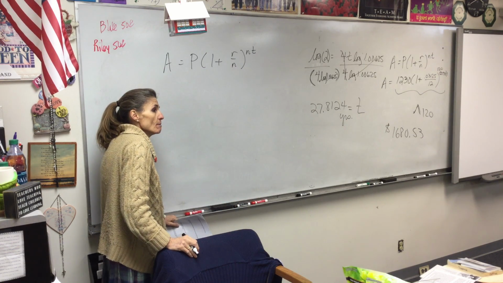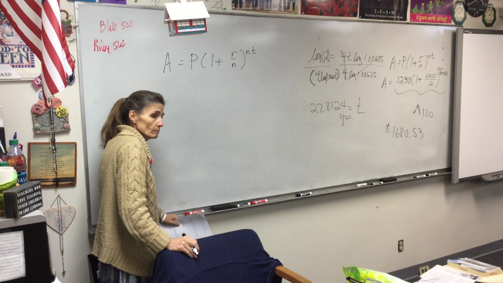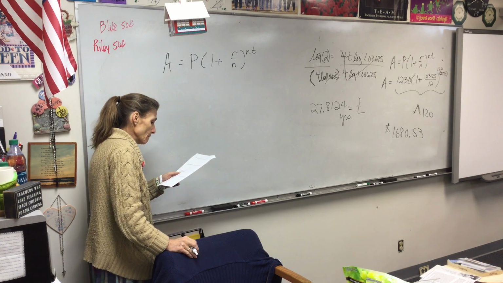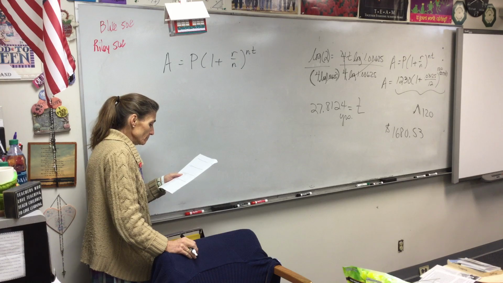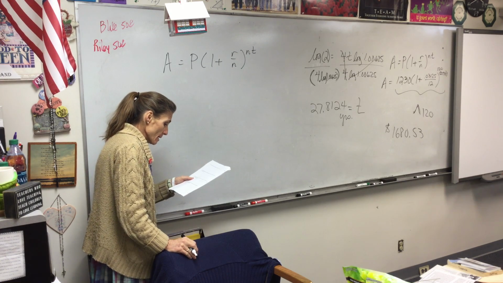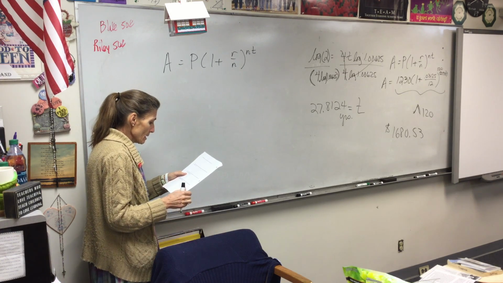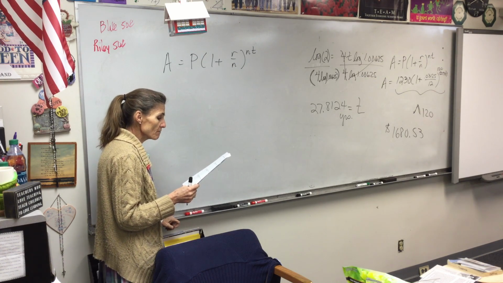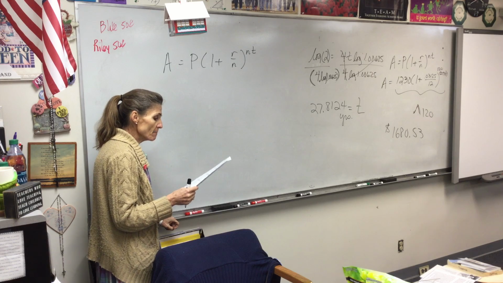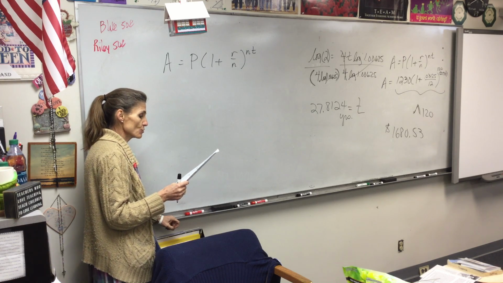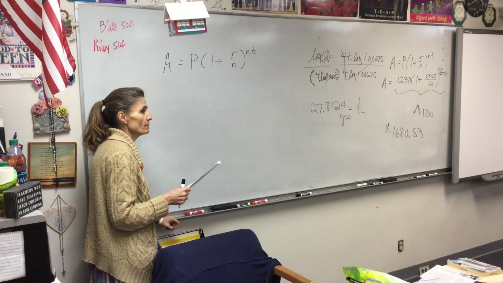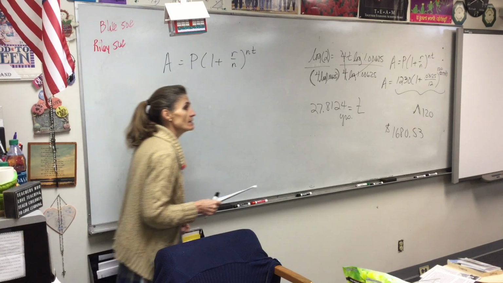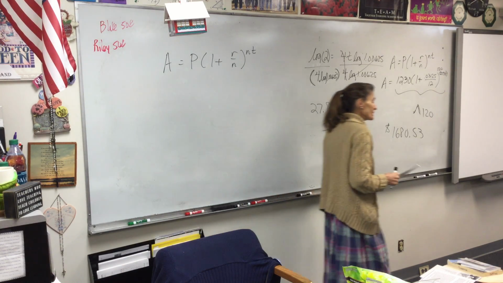Everybody's looking at number 7? How much will I have in my account after 12 years if I deposit 555 at an interest rate of 3.5% compounded monthly? Take a minute and see if you can set that up.